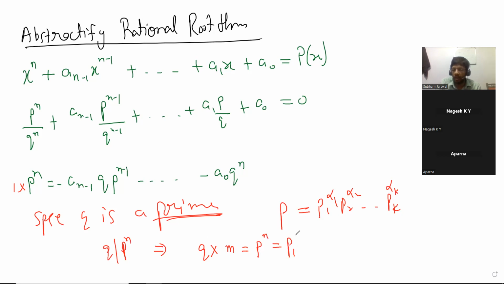But if you look at the prime factorization of P to the power n, is this, but then we know that prime factorization is unique, right? We know that prime factorization is unique. And so Q must occur as one of these prime factors, right? That comes from prime factorization is unique.